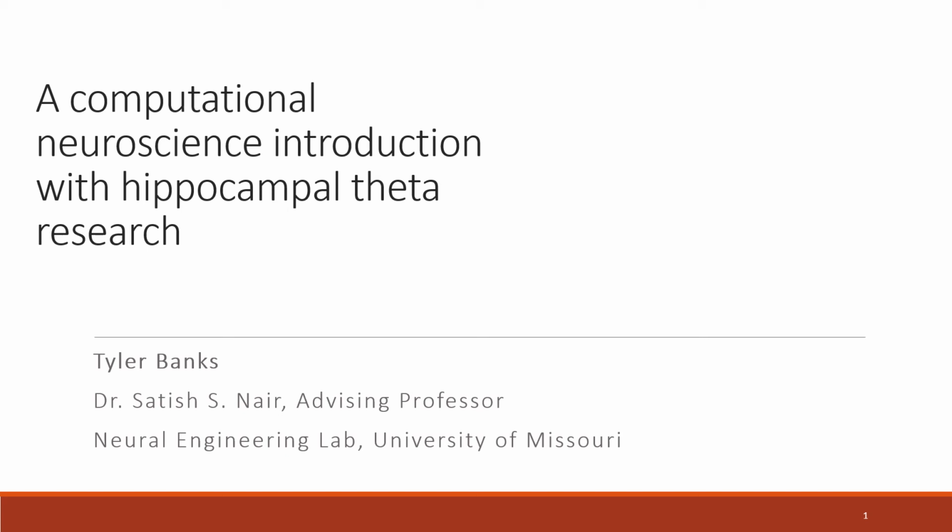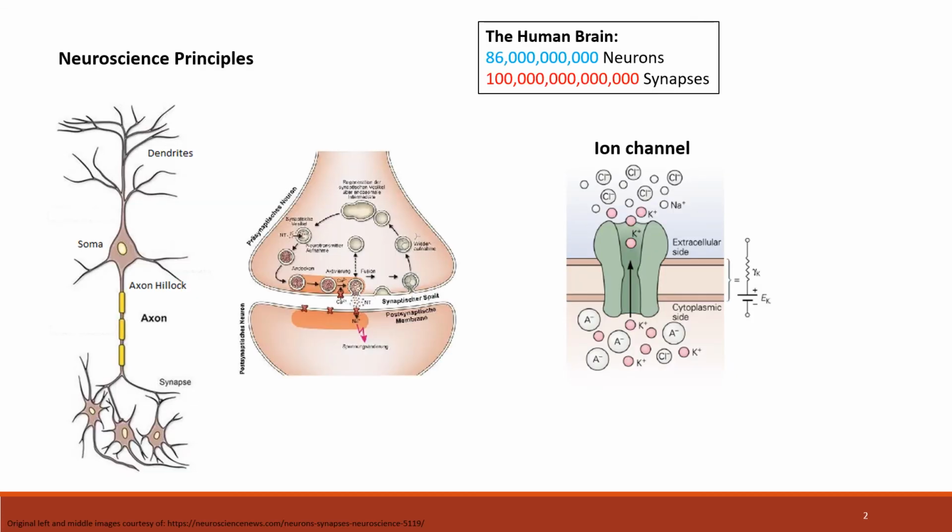Ultimately, this research is used to design interventions to help alleviate neurological and neuropsychiatric illnesses like Parkinson's or depression, PTSD. So it goes without saying that to understand computational neuroscience, you'll need a bit of background in neuroscience itself.